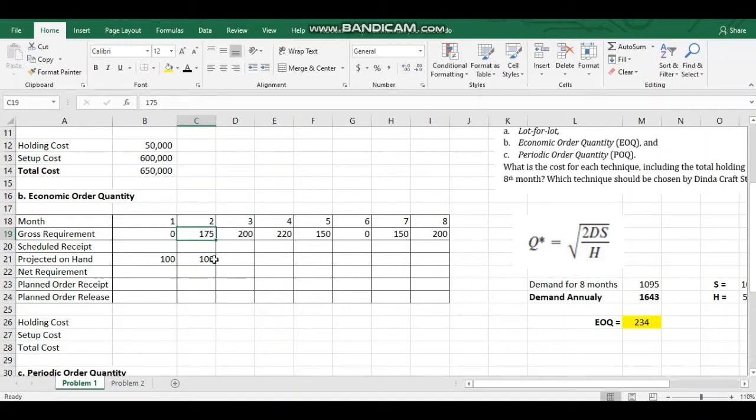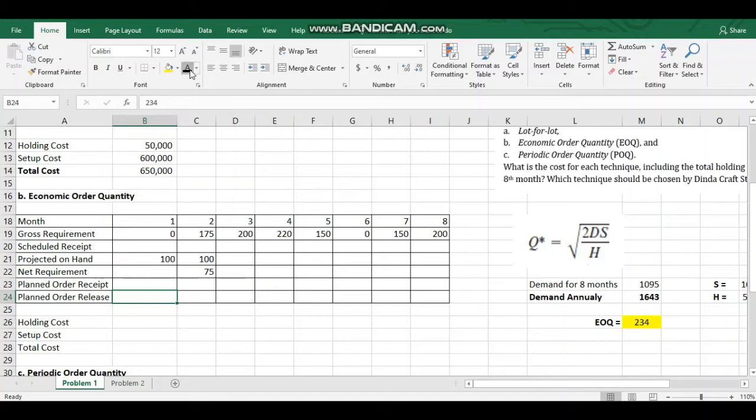So we're short 75 units, and we fulfill the remaining units by placing an order. But this time we don't order as much as the net requirement, but as much as the economic order quantity, which is 234 units.